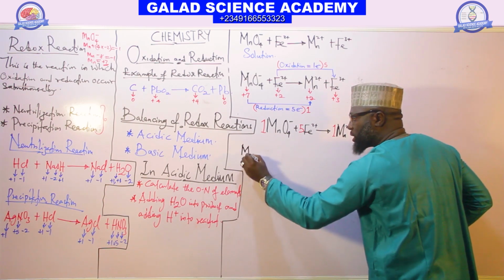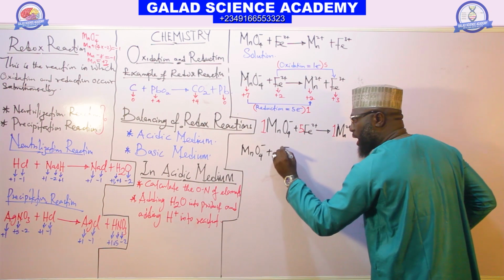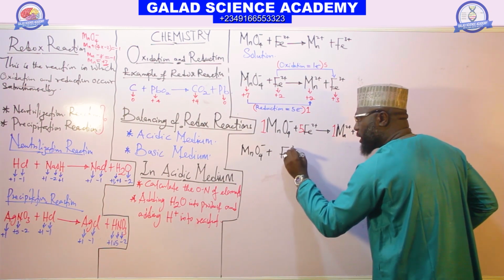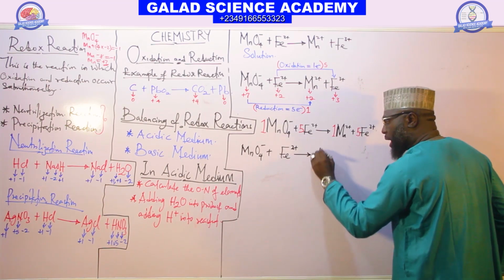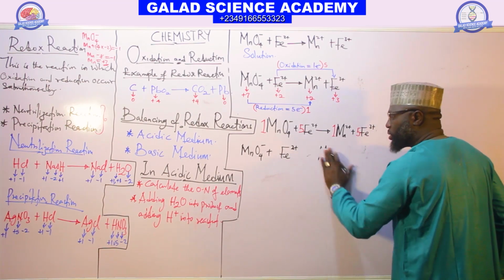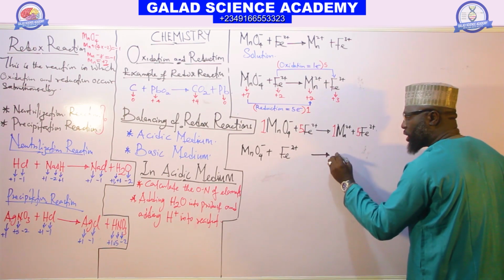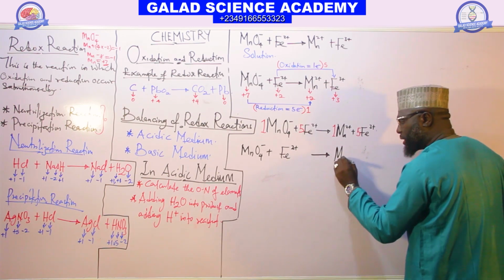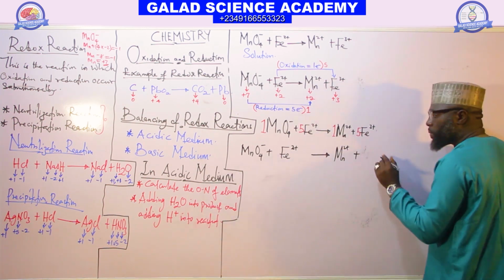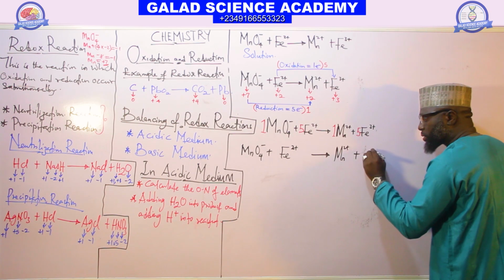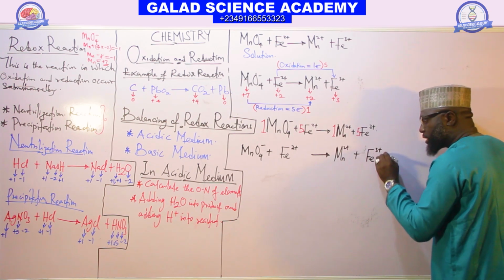We have MnO4 minus plus Fe2 plus to give us Mn2 plus plus Fe3 plus.